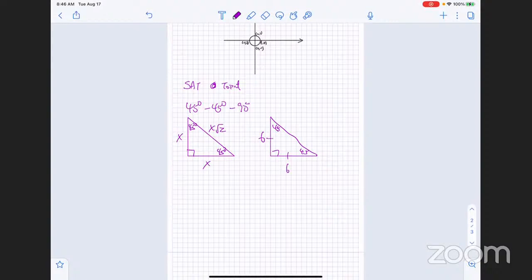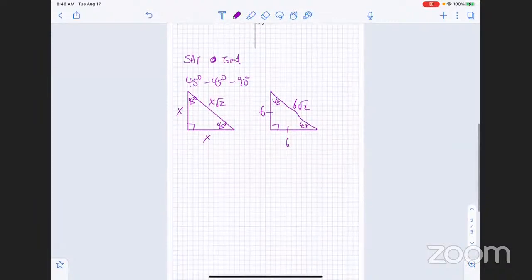Now, what makes the third side? Well, that's just x square root 2. Now, if x is 6, then it'd be 6 square root 2. So that's a very easy SAT question. You don't even need to do calculations, like 10 seconds if you understand the ratio. Because you know 6 is x. Once you figure out x, you figure out everything, right?